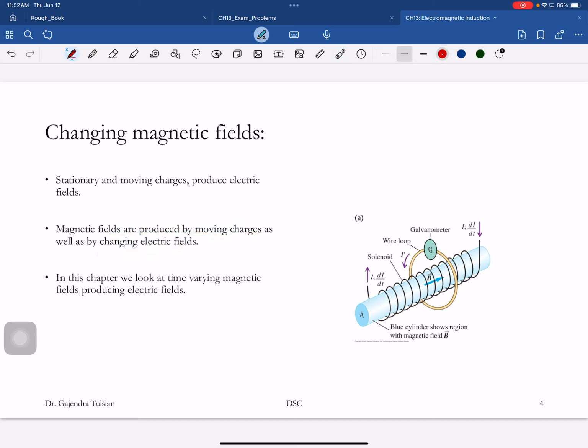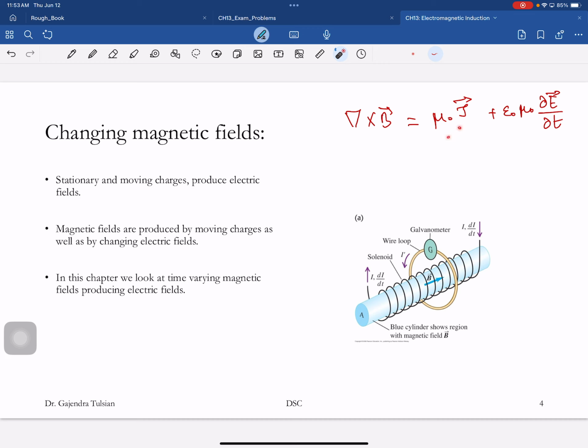The Maxwell's equation corresponding to that is this. The statement is saying magnetic fields are produced by moving charges, that's the current density, as well as by changing time-varying electric fields. We'll talk about this in one of the next chapters.